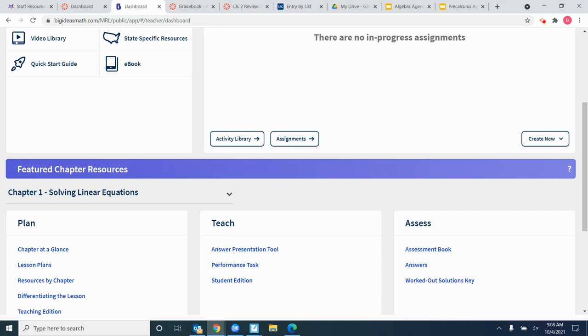So if you go to this, hit okay, go to here. And then go down.